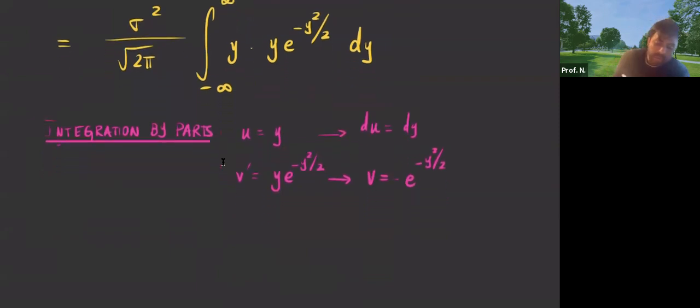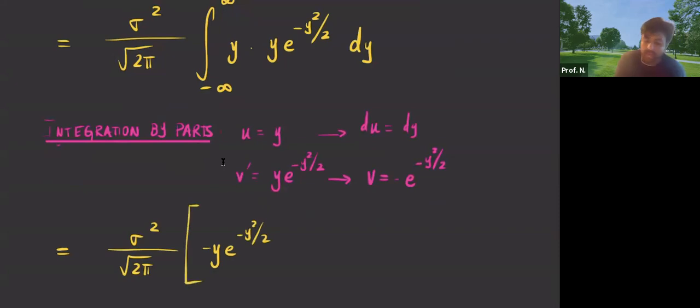By integration by parts, what is this going to be? So this is sigma squared over the square root of 2 pi, and then I'm going to have y times negative y e to the negative y squared over 2. Of course, I'm just going to put this all together here, right?